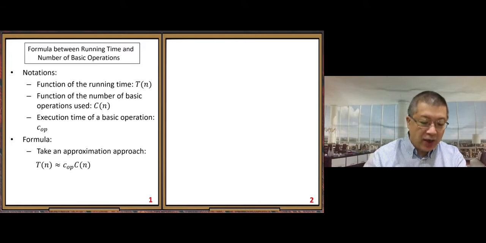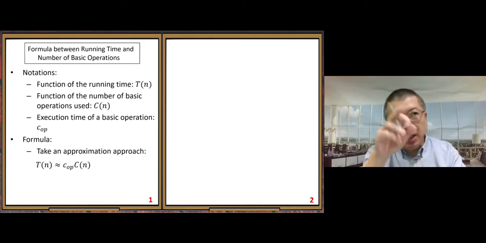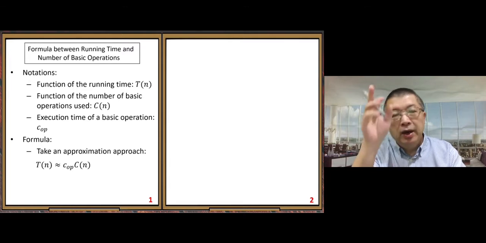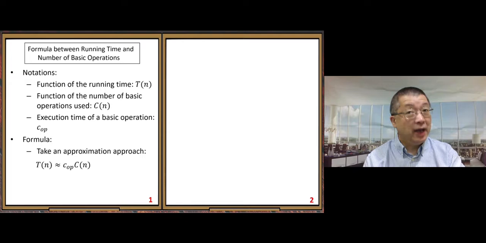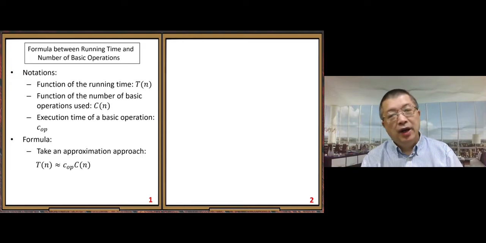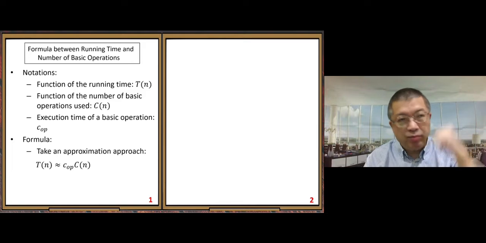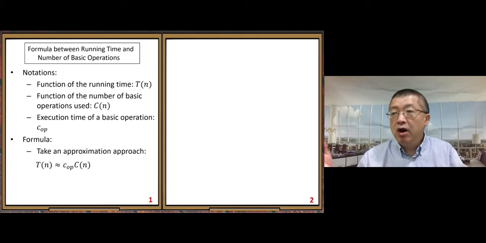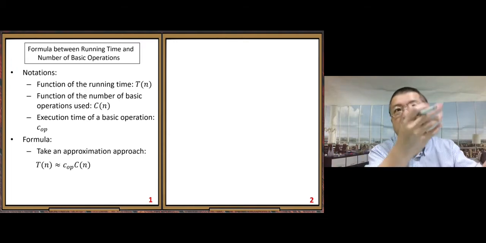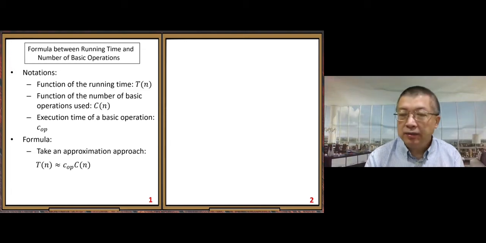So that is T of n approximately equal c op multiply C of n. So that's pretty straightforward, right? One basic operation, you need c op, that much time. But now you have capital C of n basic operations. So that's why you just do the multiplication directly.